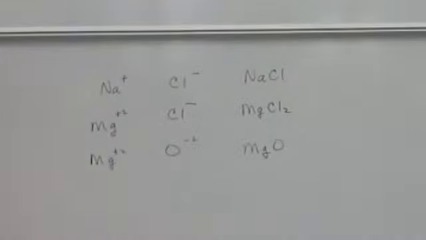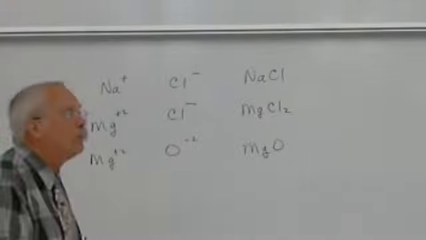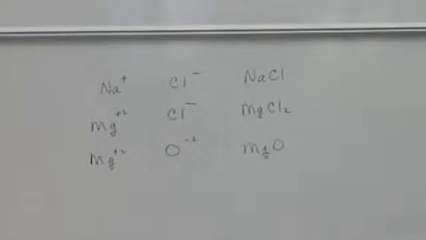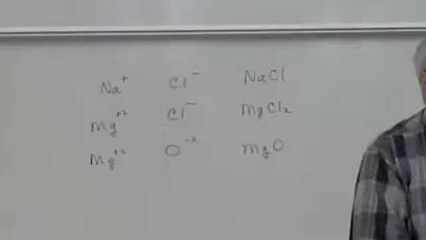I have a question. Yes. Right there, are you talking about the charge itself for that element? I'm talking about the charge that the element would have if it were an ion. Okay, and when it's in a compound, it's going to be an ion. So if I'm making a compound, I want it to act like an ion. So I'm asking the question, what would it be like as an ion?